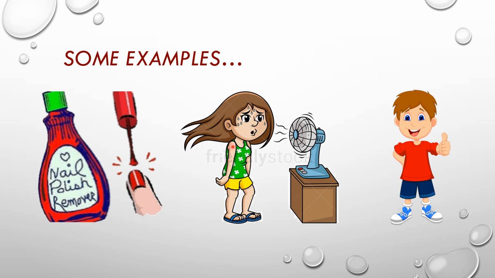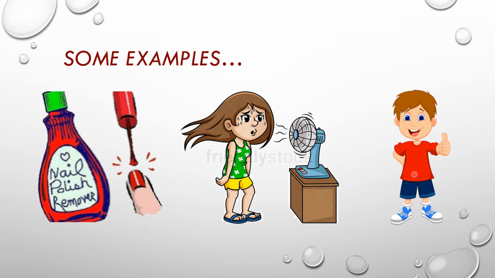And you can see the third picture. One boy is wearing a cotton dress. The question is, why should we wear cotton clothes in summer? In the summer season we sweat more.